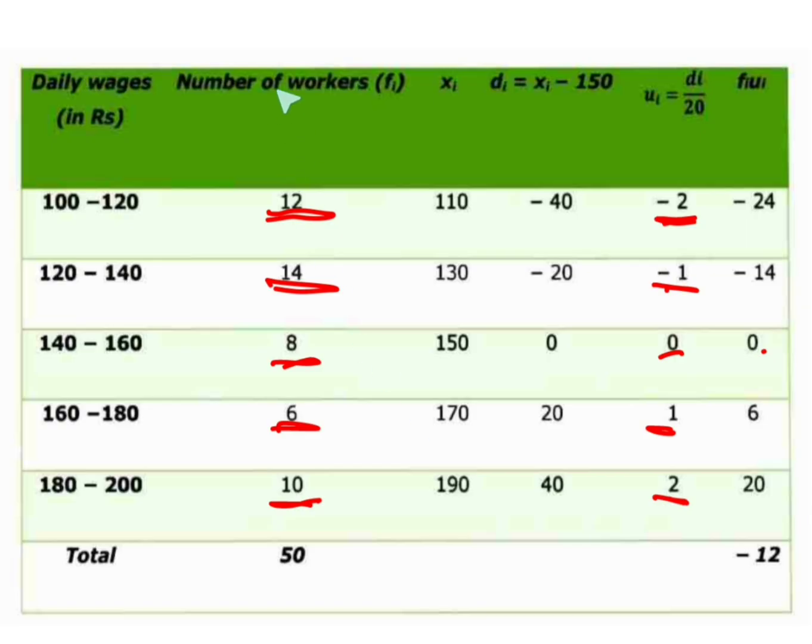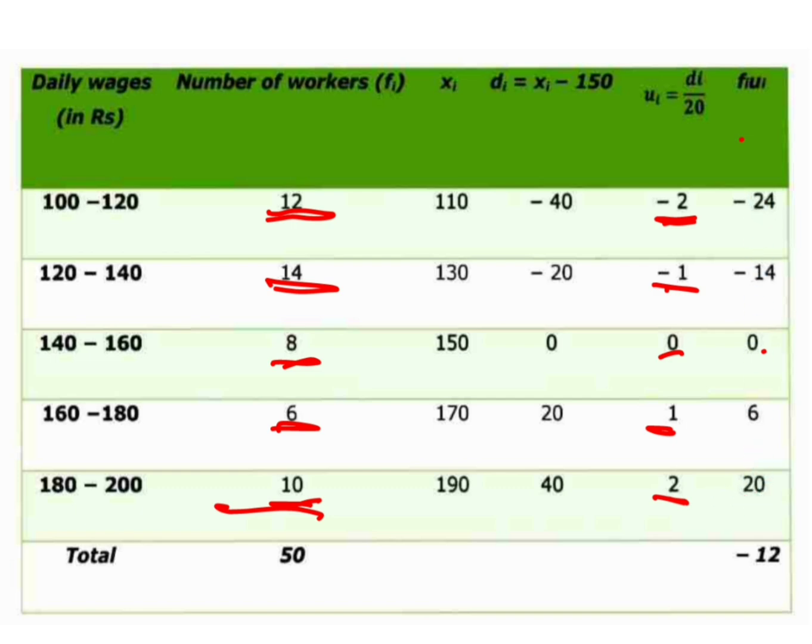And the number of total workers is 50. The sum of all these, 12, 14, 8, 6, 10, is equal to 50. And the sum of this f_i u_i is equal to, add this: minus 24 minus 14 is minus 38, and 6 and 20 is 26.